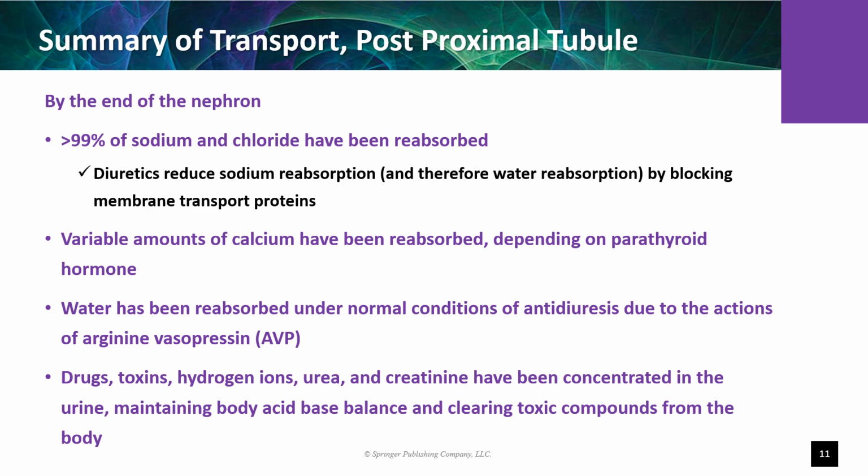It accomplishes both goals through the looped structure. The descending limb is primarily permeable to water, and the ascending limb is impermeable to water, but is able to move the sodium chloride from the lumen to the interstitial space.